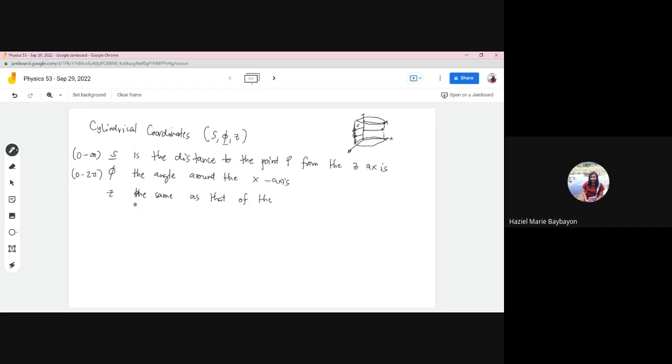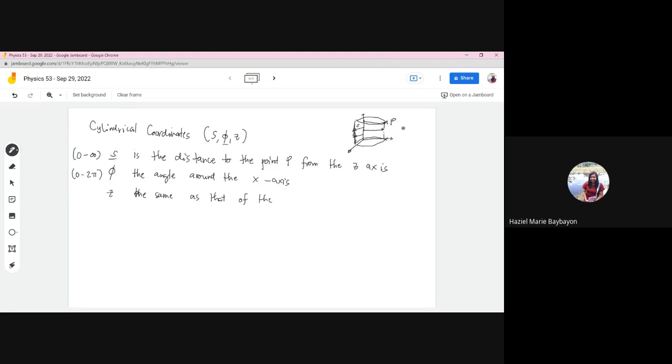Okay, so again, we have the cylindrical coordinates, which can be described by S, phi, and Z. So here is a somewhat not so good illustration of the cylindrical coordinate system. You have here a point P. This point P can be expressed in terms of the Cartesian coordinates X, Y, and Z, right?